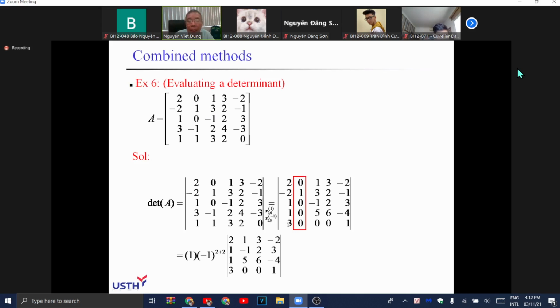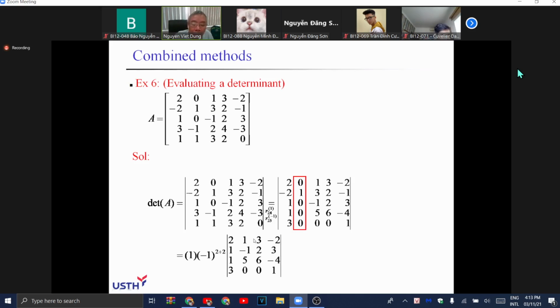Then we get a new matrix. That new matrix has the second column consisting of only one non-zero entry, which is 1. Then from here, we use cofactor expansion along that column, and we get that one.